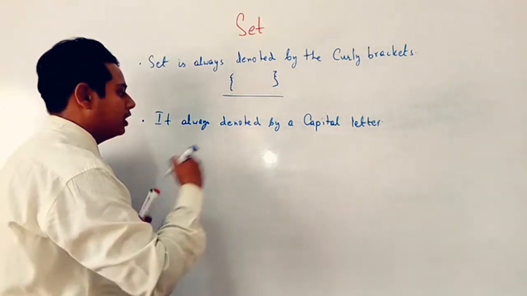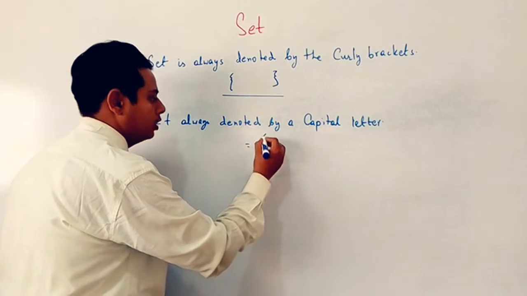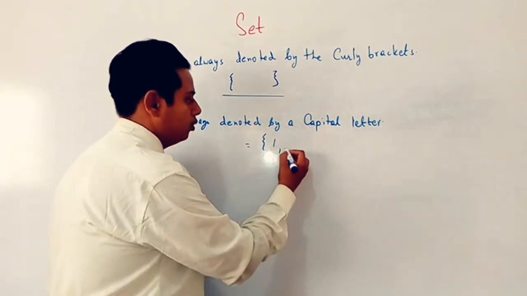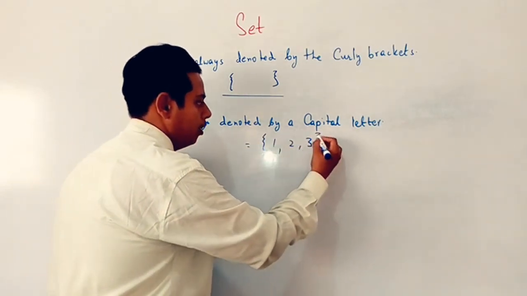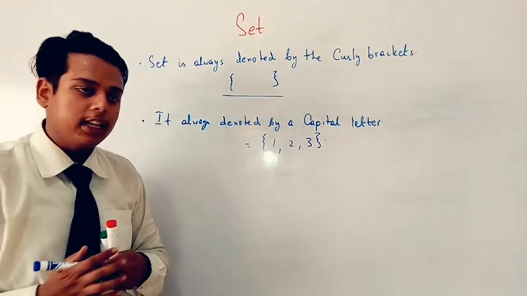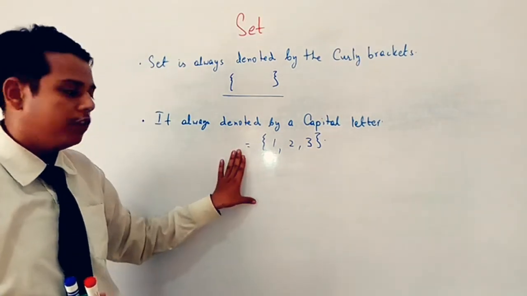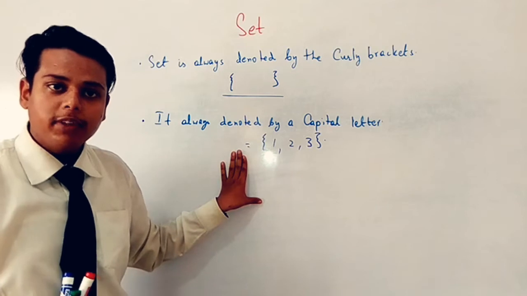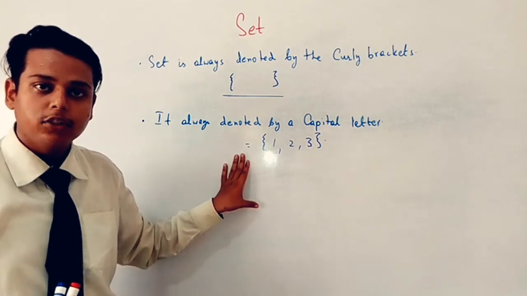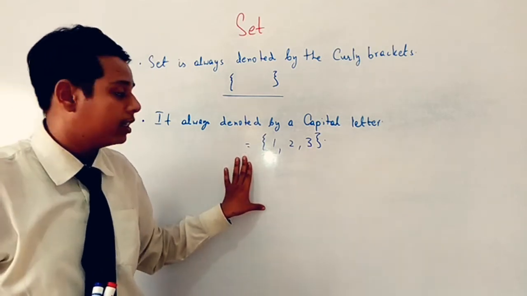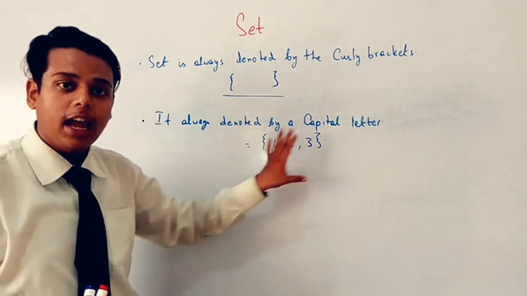Let's suppose the set is 1, 2 and 3. We are going to name that set, or we can say denote that set. For that we require a capital letter.